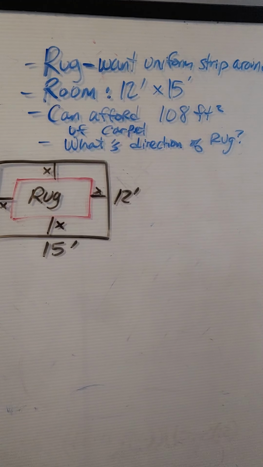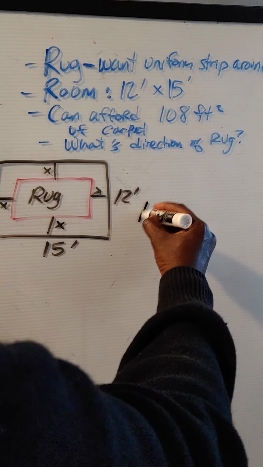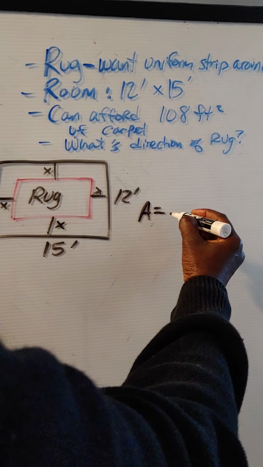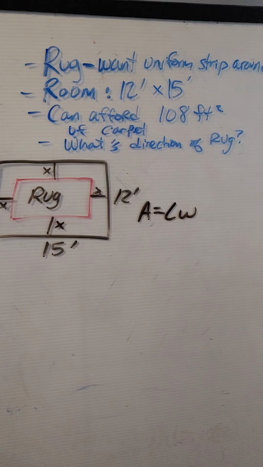We know that it's a rectangle, and middle school mathematics tells us that the area of a rectangle is generally length times width. So we can approach this problem in similar fashion.